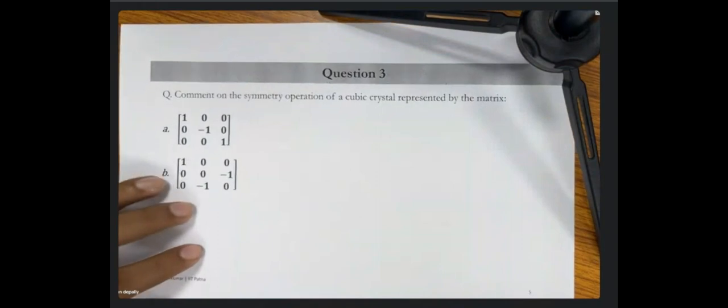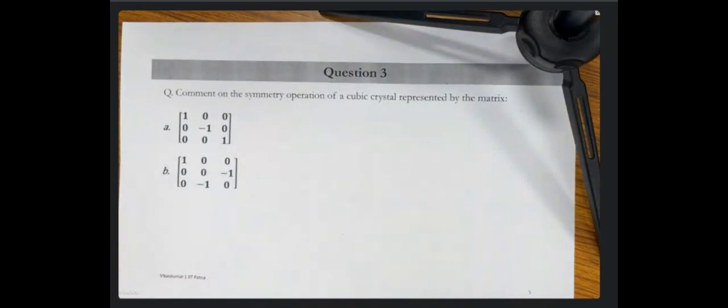Now let's move to question number 3. With the help of question number 1 and question number 2, and the assignment questions which were based on the stereographic projections, it will be easy to solve.